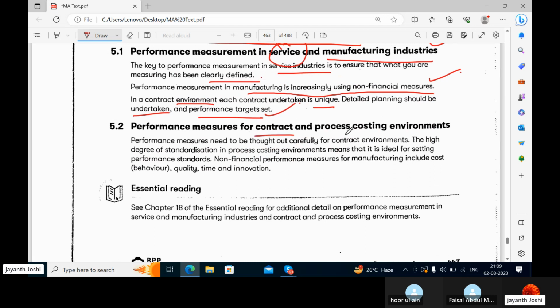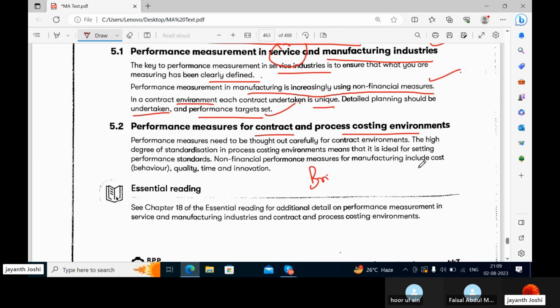Performance measures for contract and process costing environments: I am speaking about certain contracts given by some companies to other manufacturers. Let's say Britannia Industries has no factory in Hyderabad, but they can ask local manufacturers to manufacture biscuits for them.